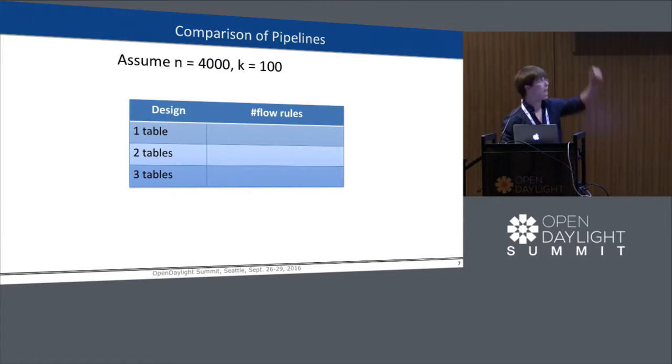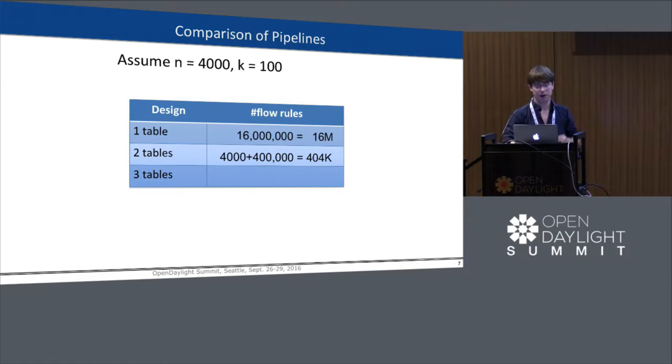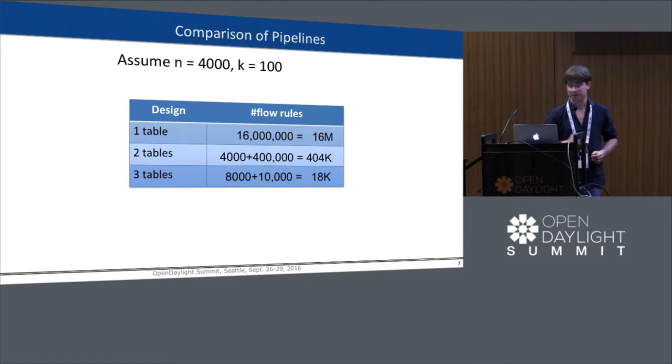Provided that n and k are reasonably big, suppose that n is 4,000 and k is 100, the first paradigm requires 16 million rules. The second paradigm requires 404,000 rules, and the third paradigm requires just 18,000 rules.